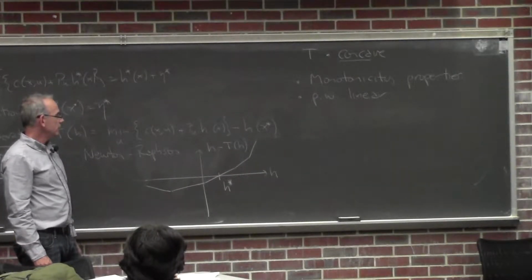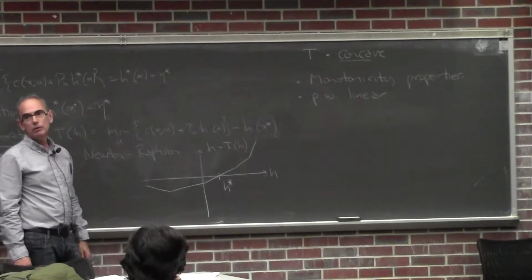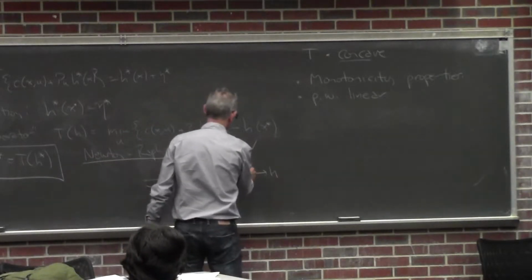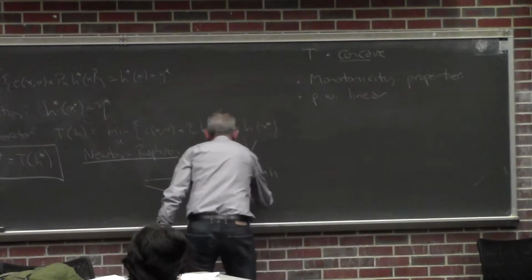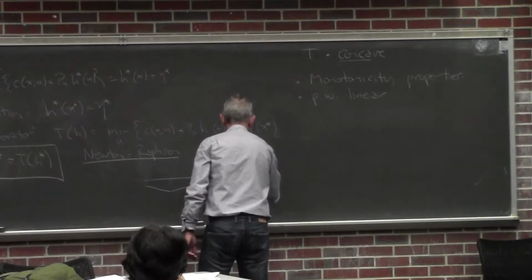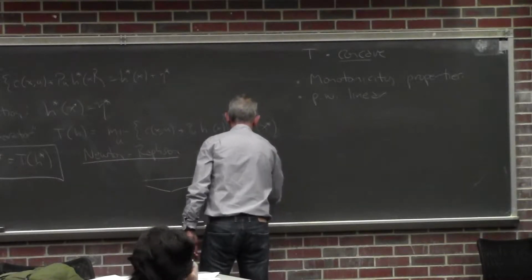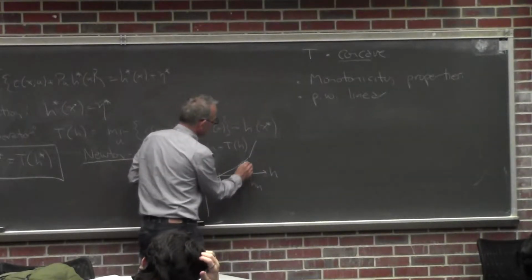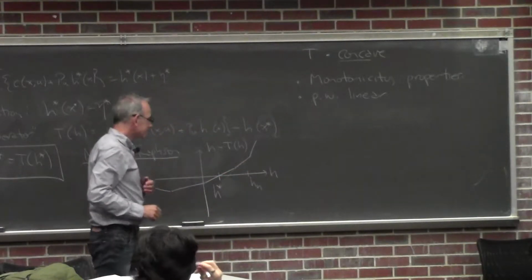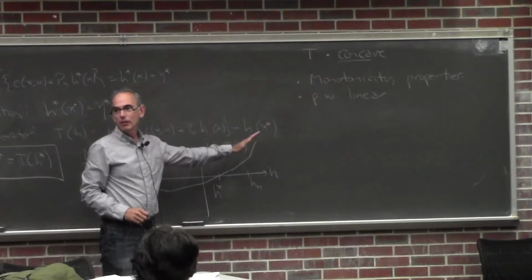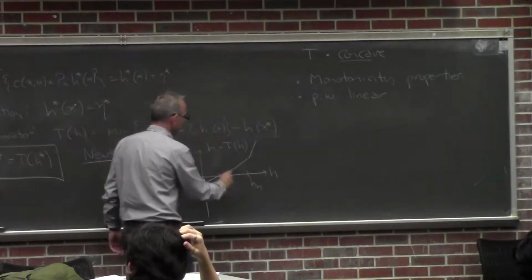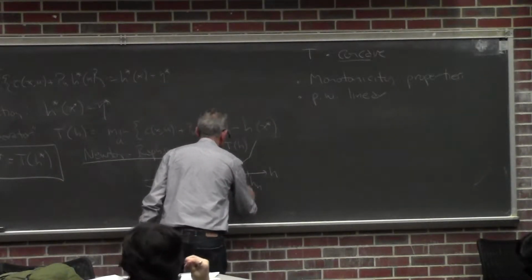So I mentioned Newton-Raphson. What you do is, if you're given h_n, you look at a linearization of this function, and setting that equal to 0 gives h_{n+1}.